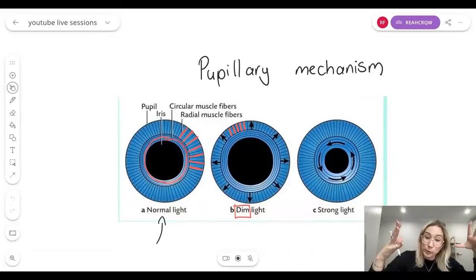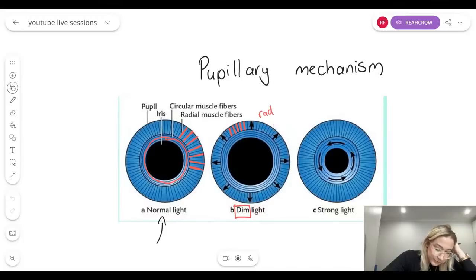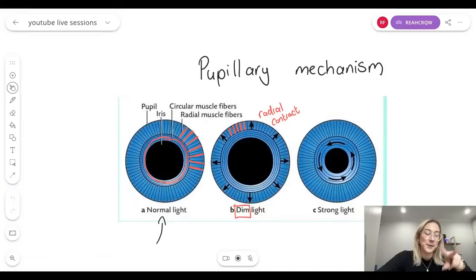When we want to make the pupil bigger and allow more light in, it is the radial muscles that contract and the circular muscles relax. Remember, it's always the opposite. But in strong light, so in bright light, we want to squeeze it down and want less light to come into the eye because it's too bright.